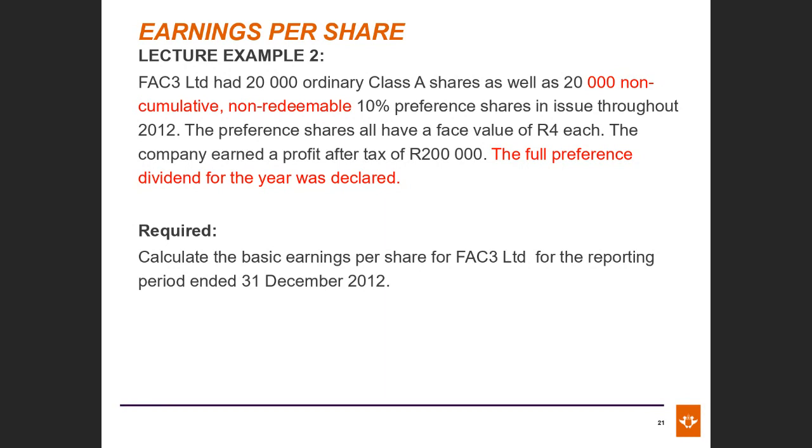We have 20,000 ordinary shares, but we also have 20,000 non-cumulative, non-redeemable 10% preference shares in issue. So the full preference dividend for the year was declared.